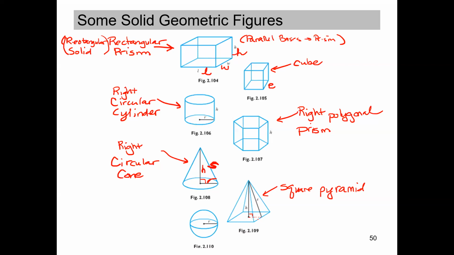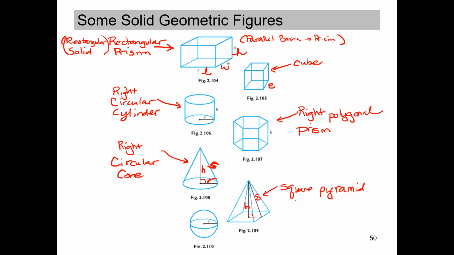So you don't need to be given the radius, but you could calculate it given the height and given the slant. So you'll see the slant again, this S is the outside from the vertex all the way to the outside of the base. That is represented by an S, not a 5. And then we have that H here. And then you can find R. Or you could say it's not really a radius. It could be something else.